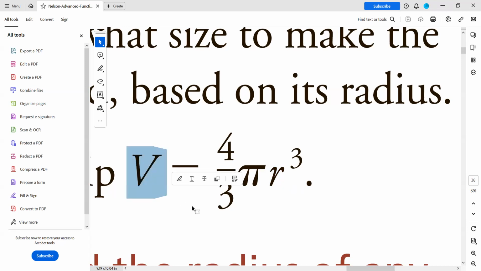Let's imagine that you're changing your volume and you would like to find what radius it will give you. So if the parent function was volume with respect to radius, the inverse function would be radius with respect to volume. Is that clear?